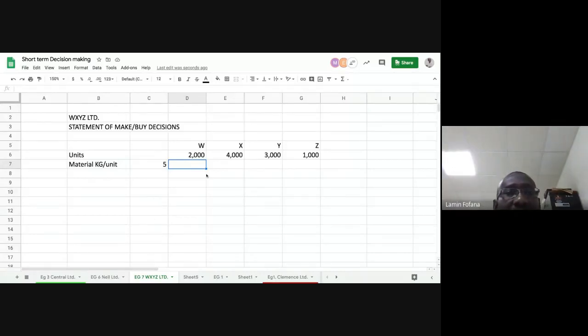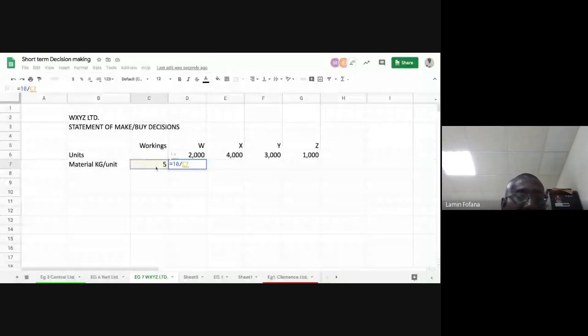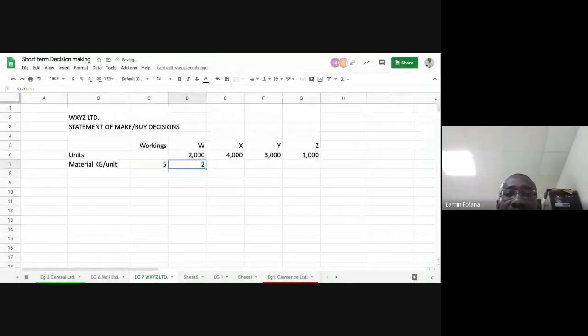So the 10 is divided by this 5 for all of them. After clicking the 5, we press F4 because 5 is going to remain fixed for all of them. Then we replicate.